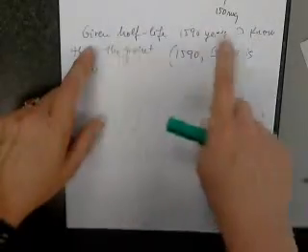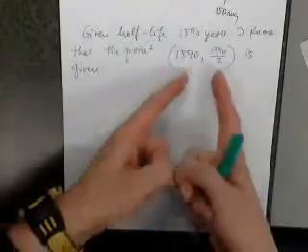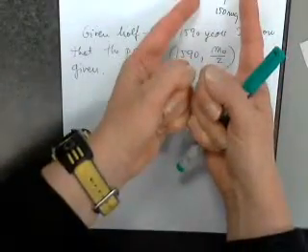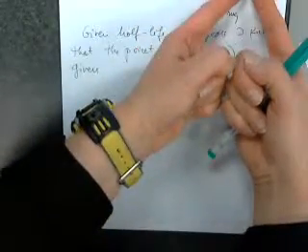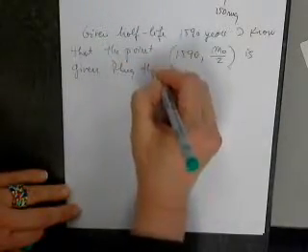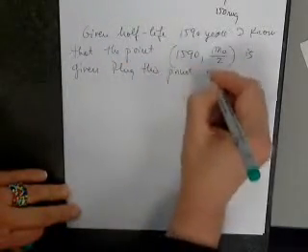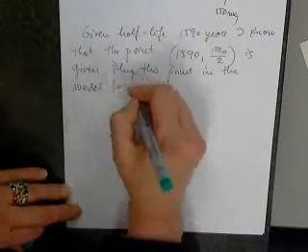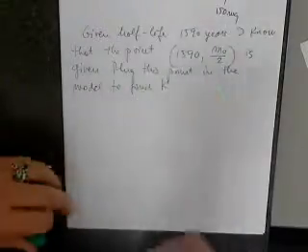So every time I'm given the half-life, I know I'm given this point. I will plug in this point in the model, which is this equation, to find k.